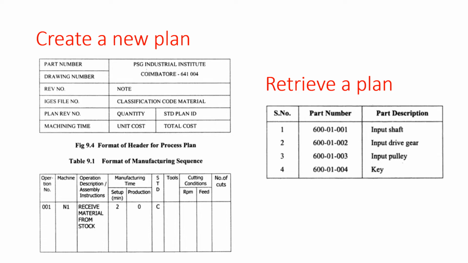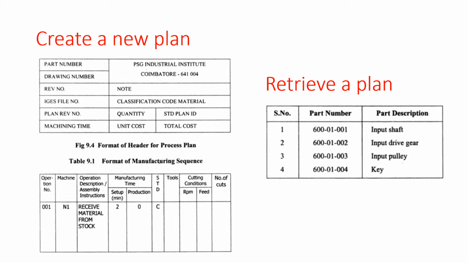Creating a new plan involves several stages. A figure represents a typical plan format. Here the user has to enter various data as per the format. A typical format is given in the table, which shows a format of the manufacturing sequence.